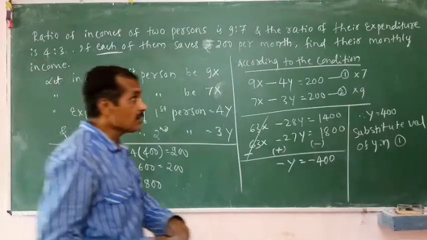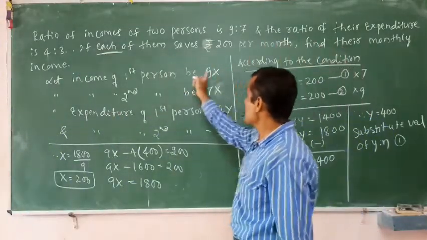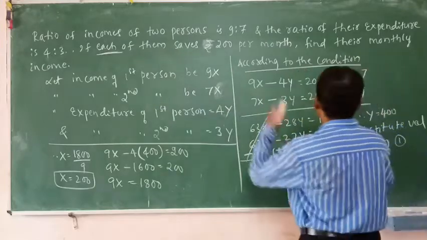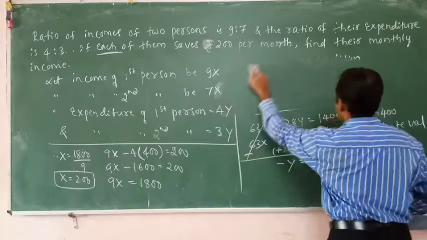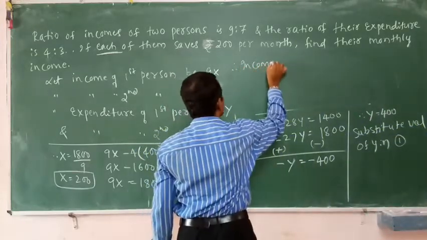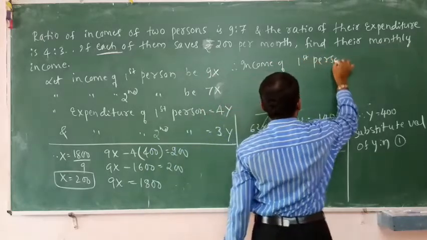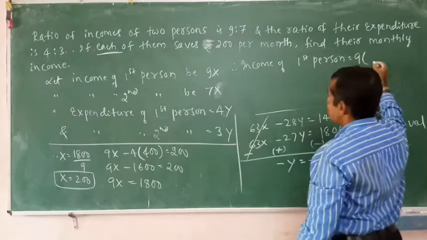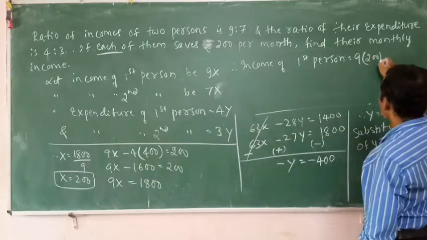But they are not the incomes. Find their monthly income. Income of the first person is 9x. Now I can write. Therefore, income of first person is equal to 9x, 9 into 200.